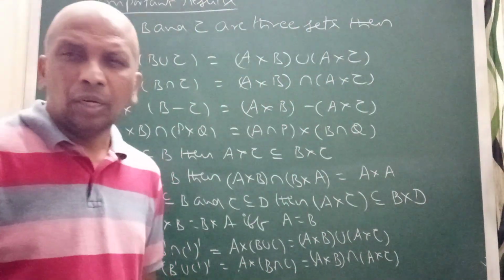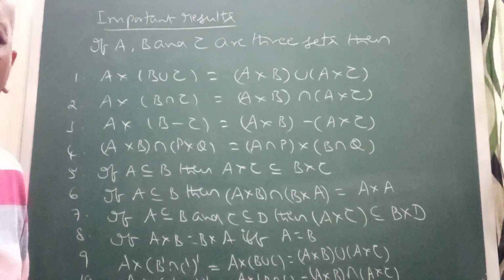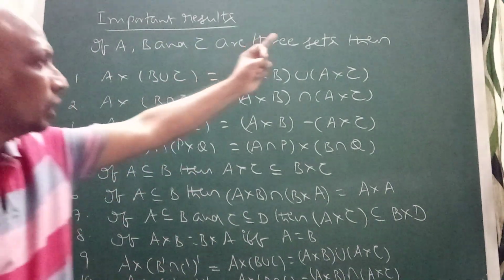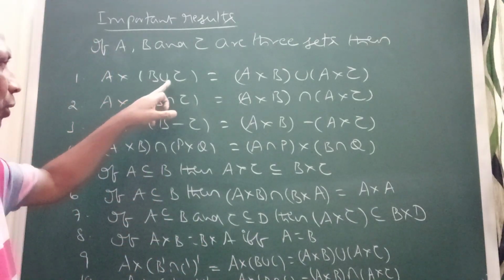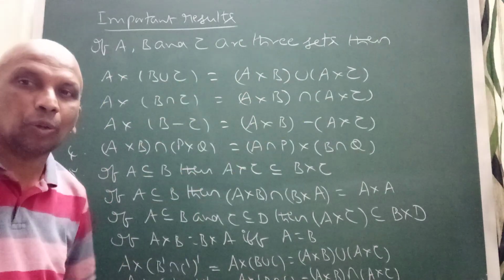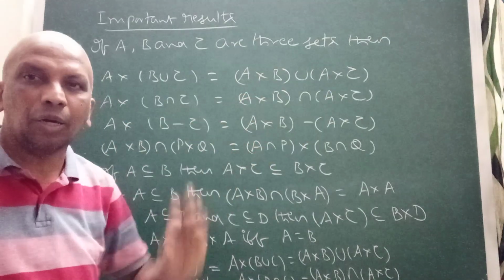Now today I am going to discuss a few more points, important results on this. If A, B, C are three sets, then this is always true: A cross (B union C) equals (A cross B) union (A cross C). If it is intersection, A cross (B intersection C) equals (A cross B) intersection (A cross C).